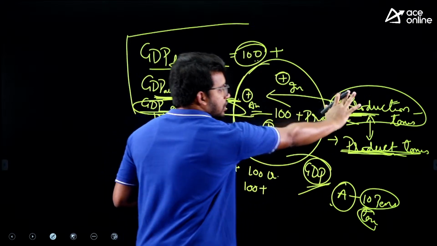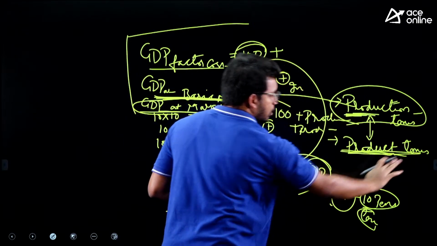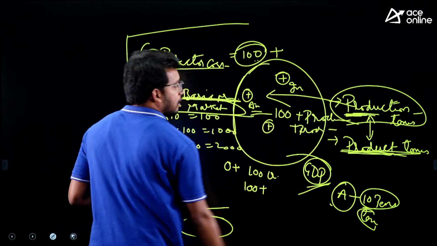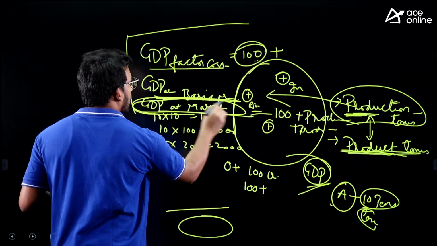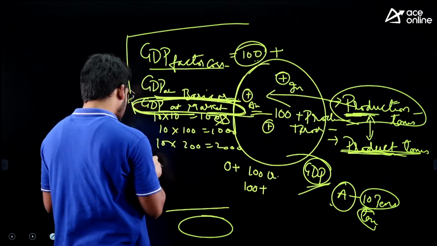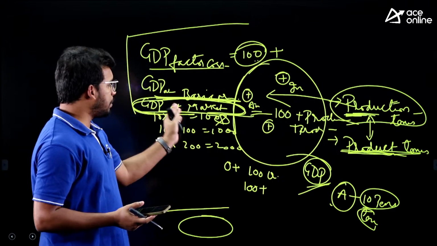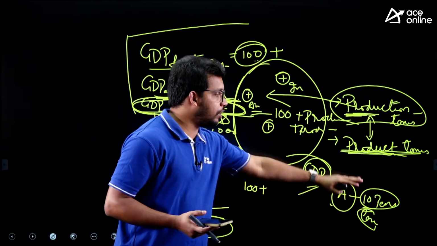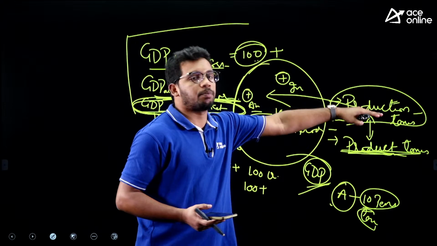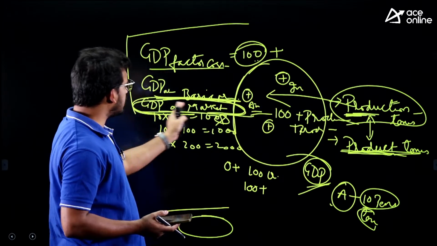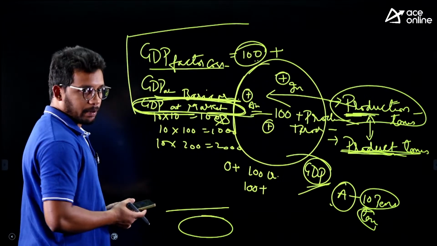So minus production subsidies, minus product subsidies. If we remove the subsidies also, then it is called GDP at market price. This is the most important calculation that we do. GDP at market price means including all the product taxes and production taxes, and removing subsidies given.